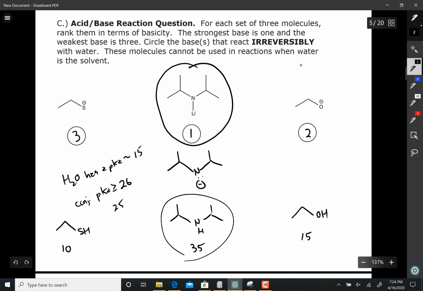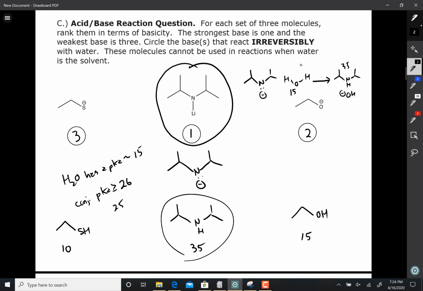How can you tell? This plus water gives this: pKa of 15, pKa of 35. There's no backwards reaction.